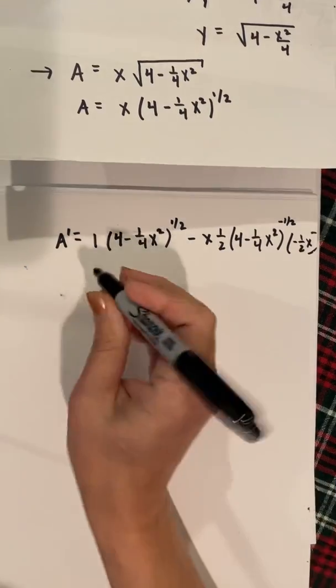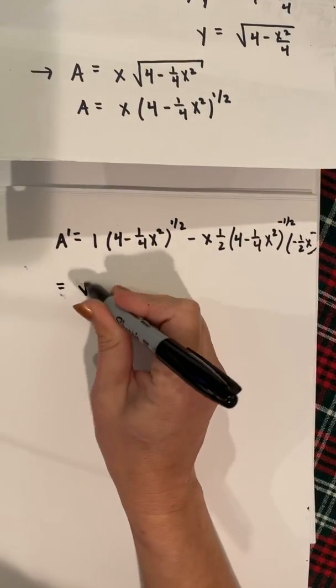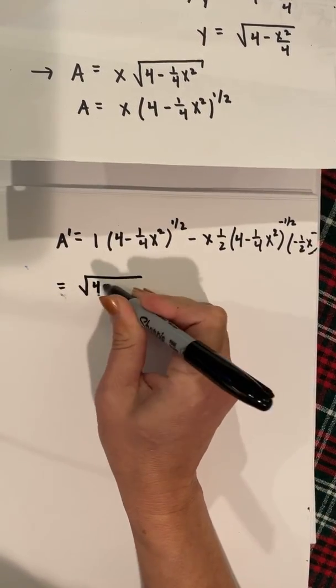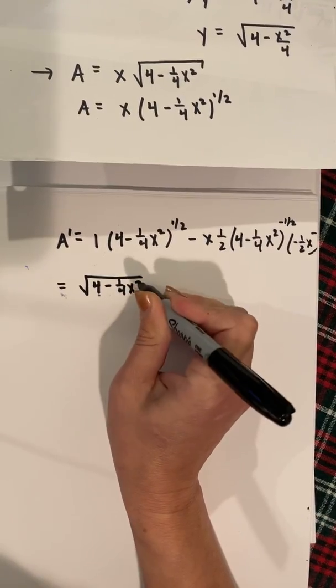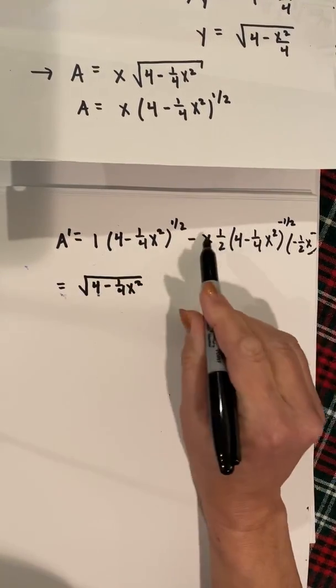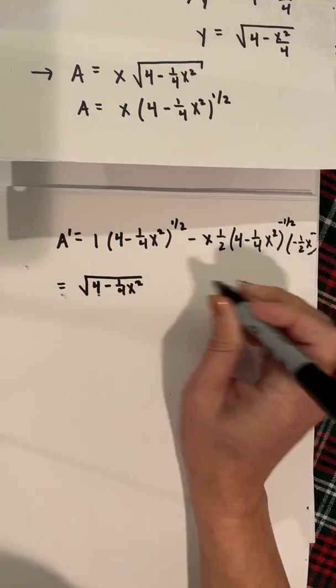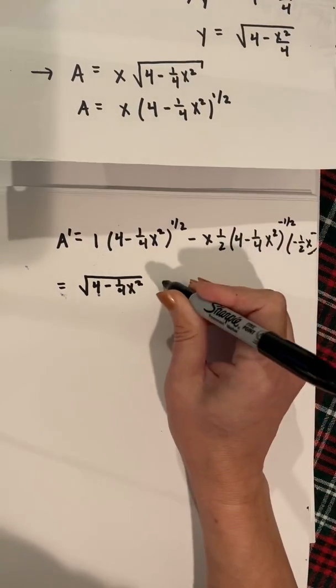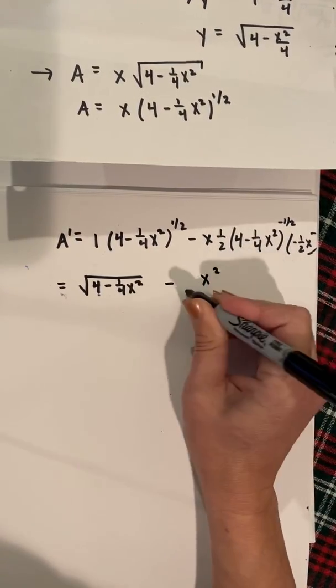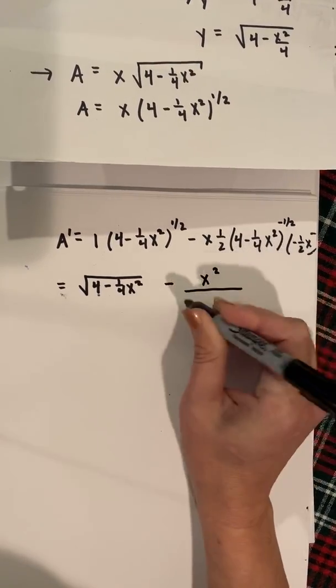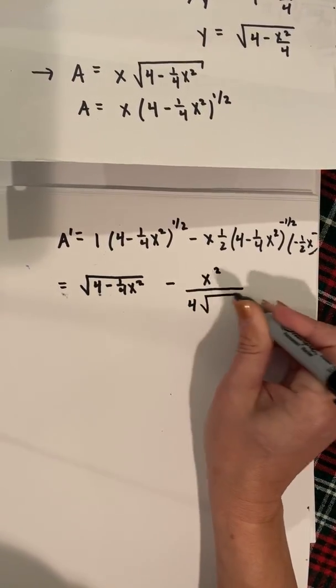Woo! All right, let's clean this up. I'm going to turn this back into square roots. 4 minus 1/4 x squared minus, we have x squared here, right? So that's x squared on top. And we have 2 times 2, which is 4, and then we have this new radical down here.